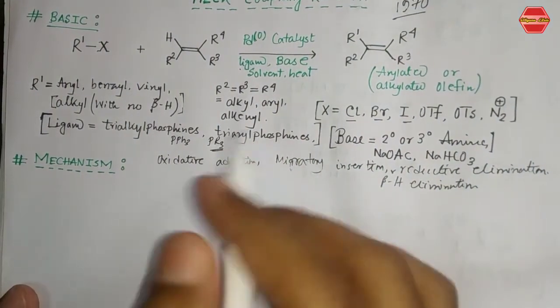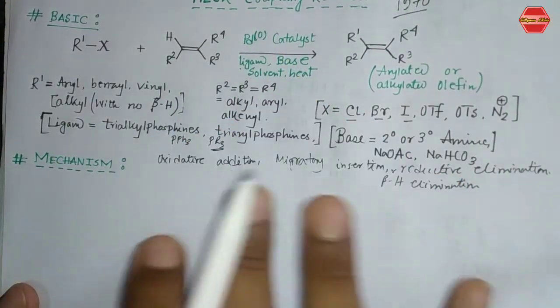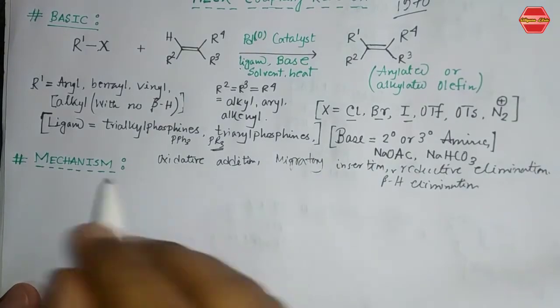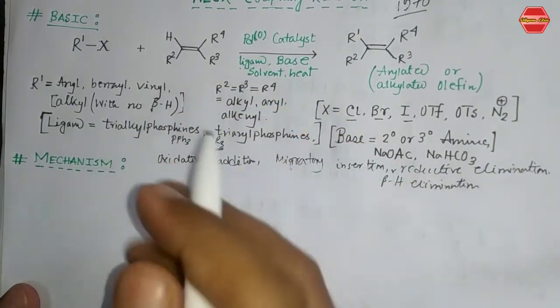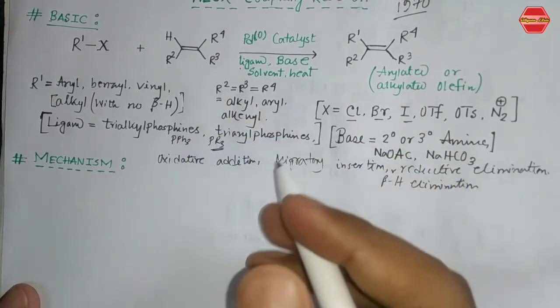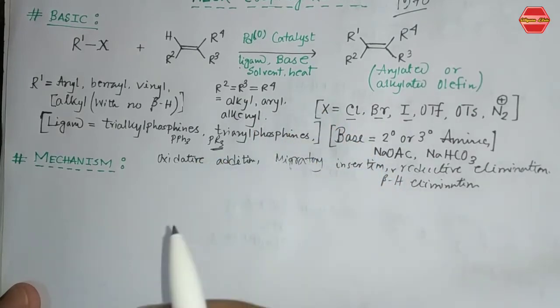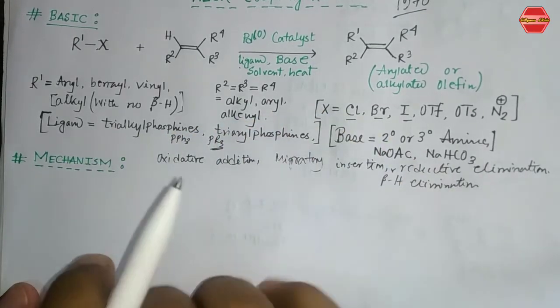So we know that the palladium 0 catalyst is not very stable, so we basically get this palladium compound in the form of palladium 2 or palladium 4. So we have to reduce this palladium 2 to palladium 0, and then we will move on to the mechanism.